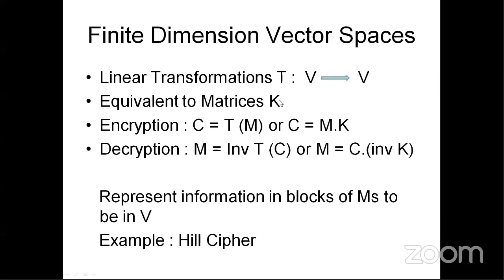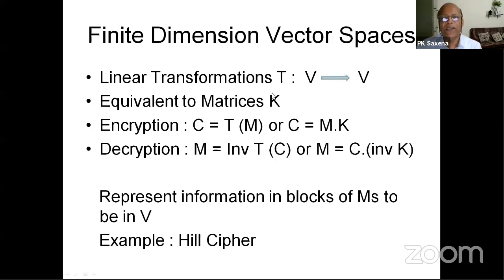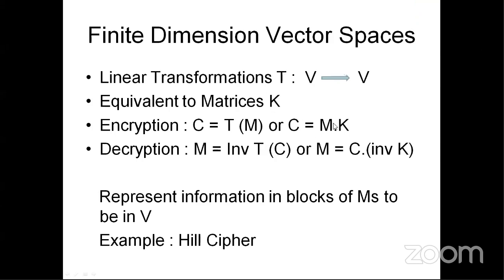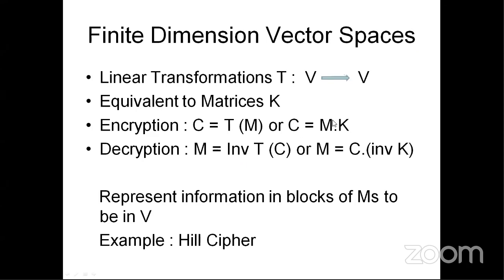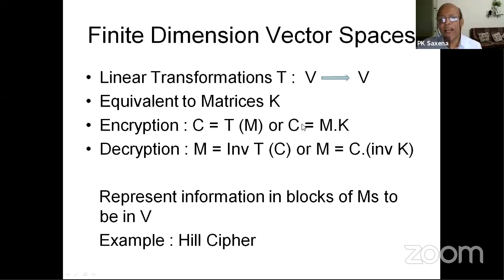So this transform can be represented in terms of a matrix. So matrix multiplication, and this matrix K gives you this C, and the inverse of K, if we multiply with C, we will get back M. This is an example of the Hill cipher. This was also very frequently used in World War II.